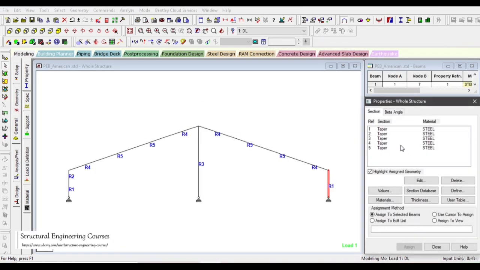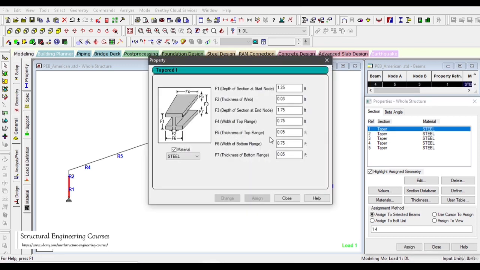So we can increase the thickness of the web, we can increase the height of the web, and the thickness of the flanges also.